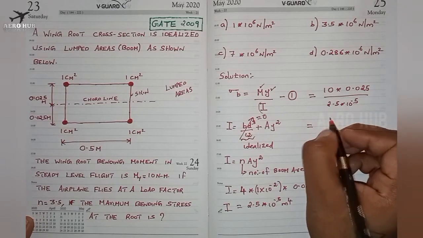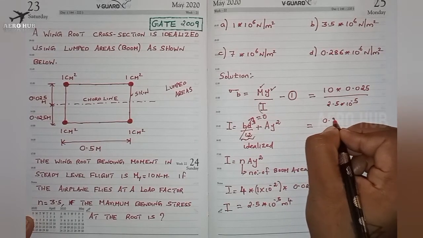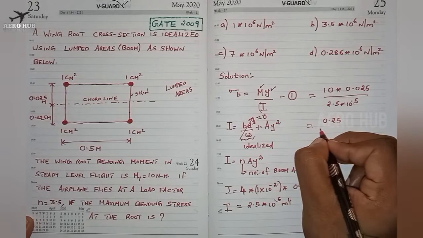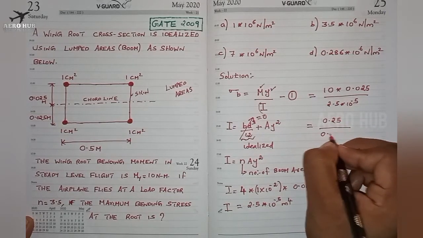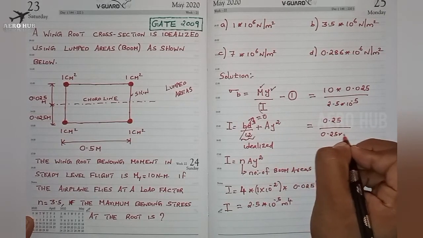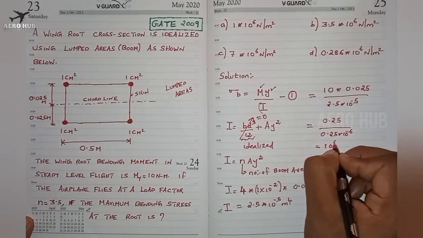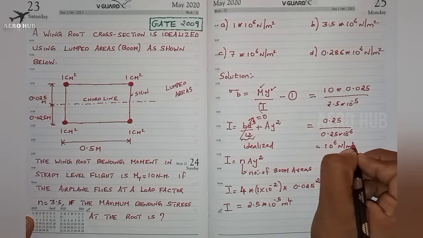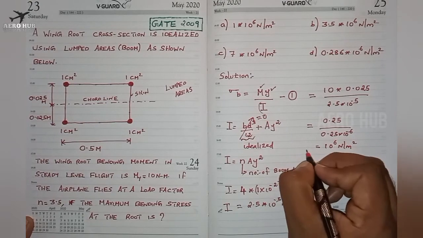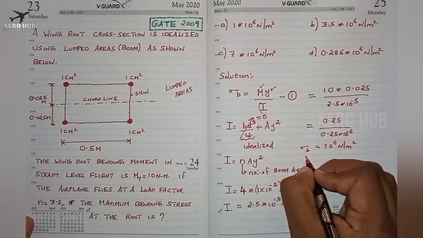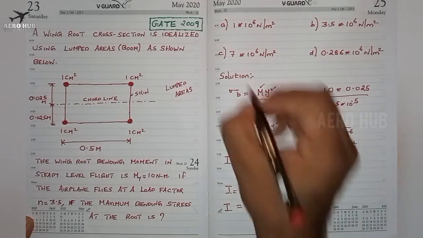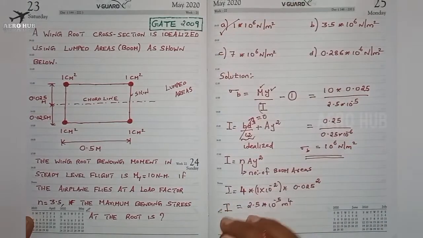It will be 0.25 into 10 power minus 6. Finally I'll get 10 power 6 Newton per meter square. This is the value for sigma b, so your answer is option A.